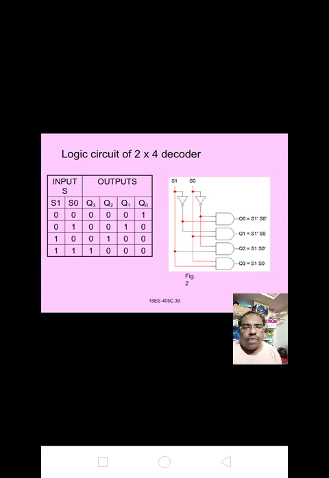For 1 1, Q3 equal to 1 and the rest of the values are 0, that is Q2 equal to Q1 equal to Q0 equal to 0. So Q0 equal to S1 bar S0 bar, Q1 equal to S1 bar S0, Q2 equal to S1 S0 bar, Q3 equal to S1 S0.